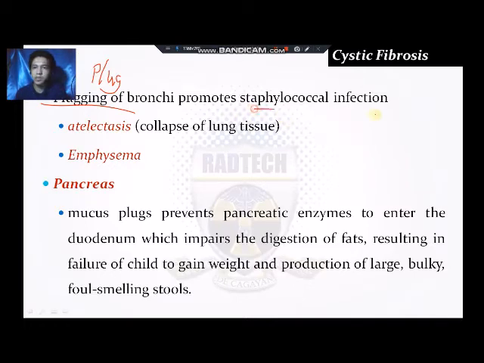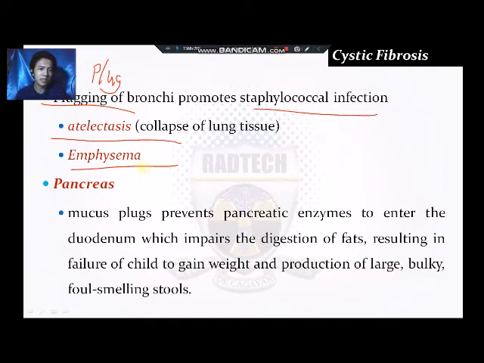So it promotes staphylococcal infection, and later on it may result in the collapse of the lungs of the patient, and sometimes it may also cause emphysema, madaot ang alveolar tissues sa imuhang lung field.